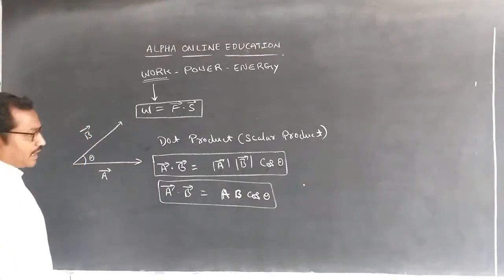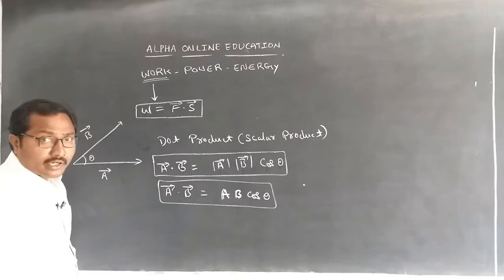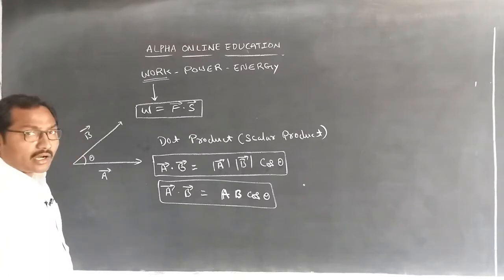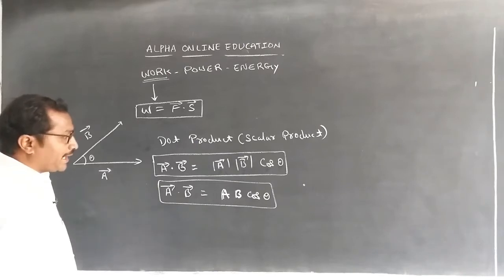Next, I need the component of B, otherwise the component of A. So how are we going to write that?